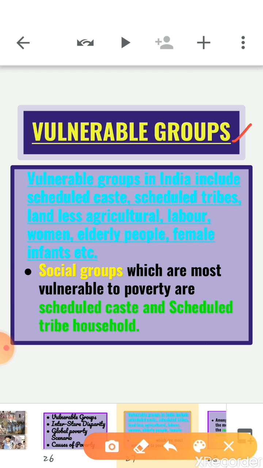So let's start with the first, vulnerable groups. Vulnerable groups means groups that experience a higher risk of poverty and social exclusion than the general population.